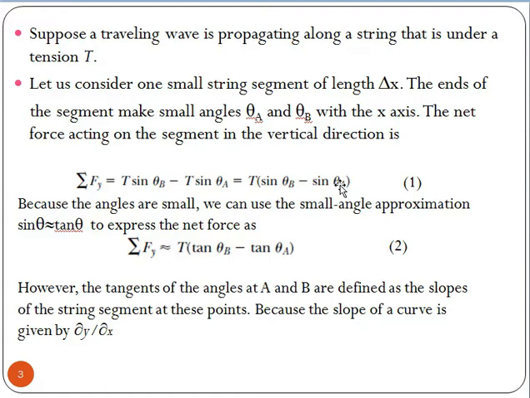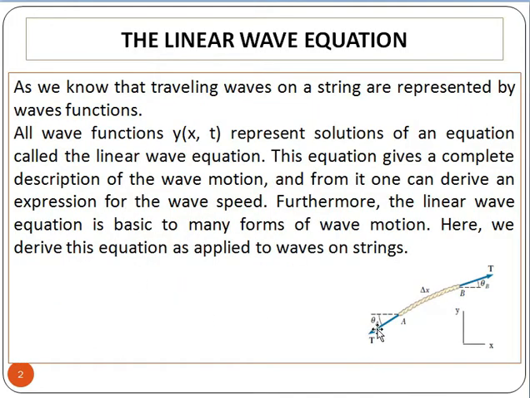If we resolve this T and this T into rectangular components, the y component of this tension is in the downward direction, while that of this one is in the upward direction. So their difference will be the net force.